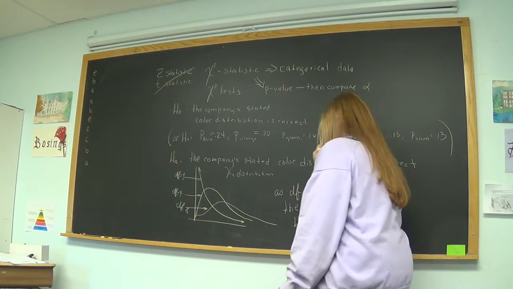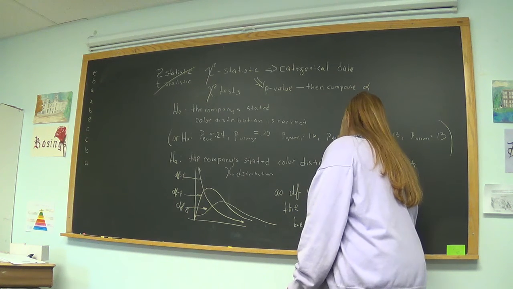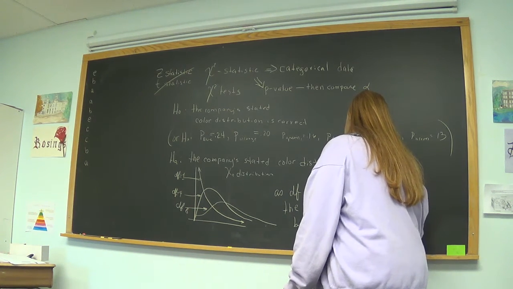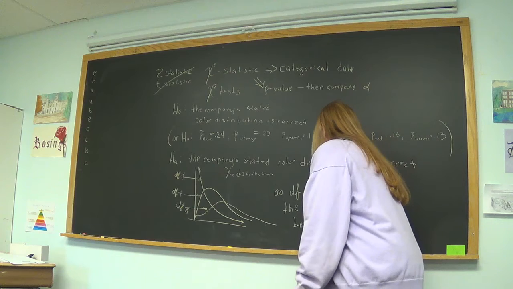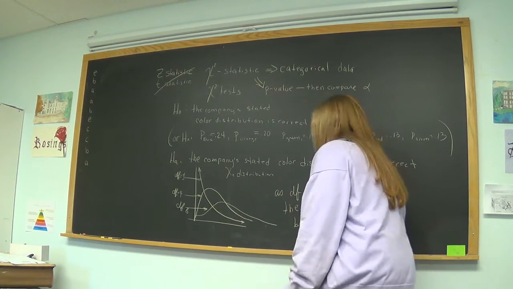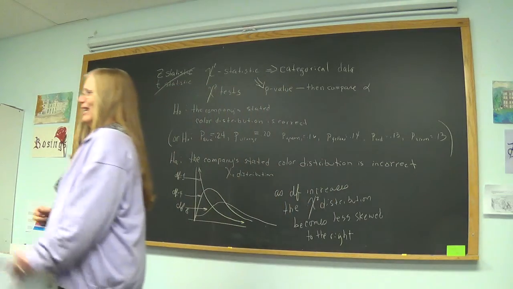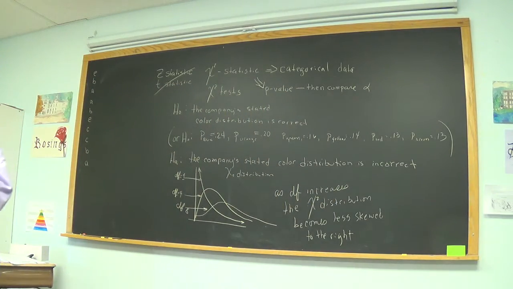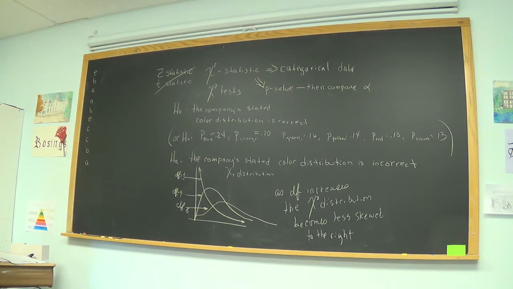It's always skewed to the right, and becomes less skewed to the right. Is that all I said? Yes, you didn't say that it's always skewed to the right. Yeah, because it goes down. You would ski to the right, because you want to ski down the slope.